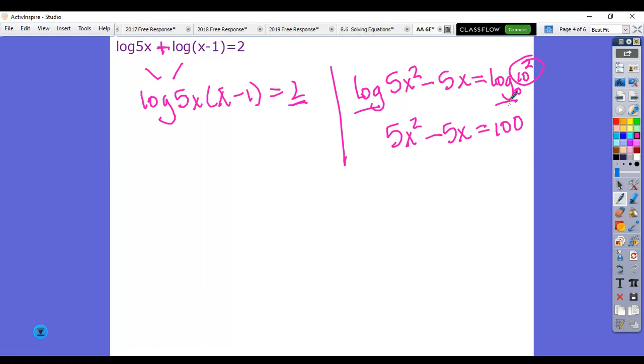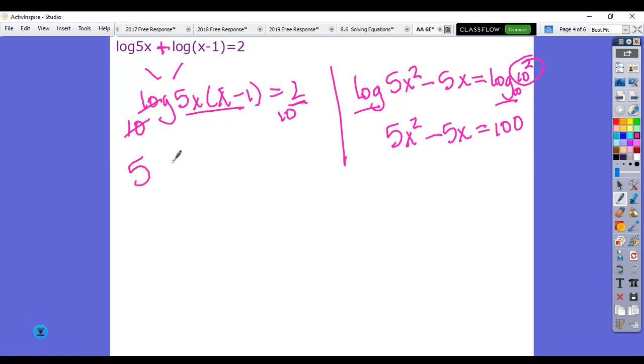Now, if you don't like this method, you can always cancel the log out using powers. So I'm going to raise each side 10 to the power of each side because logs and exponentials are inverses. So this 10 cancels out this log base 10.